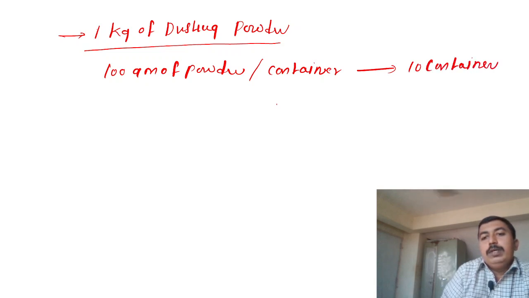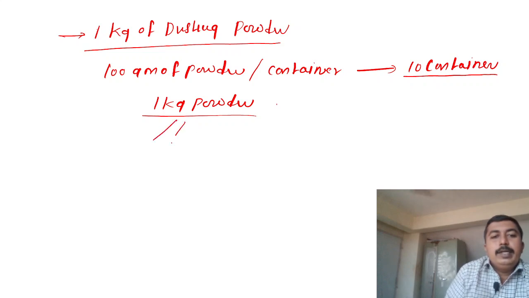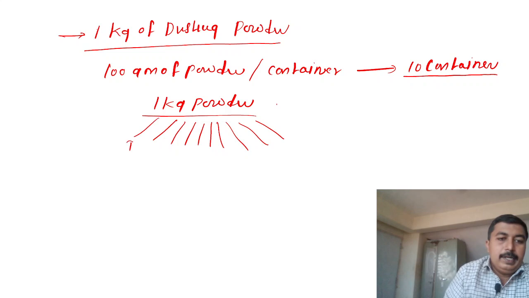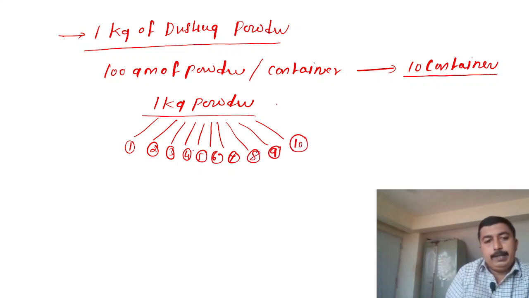So 1 kg dusting powder I have to pack in a total of 10 containers. So I will make 10 parts. Container number 1, 2, 3, 4, 5, 6, 7, 8, 9, and 10. So now I have made 10 containers.